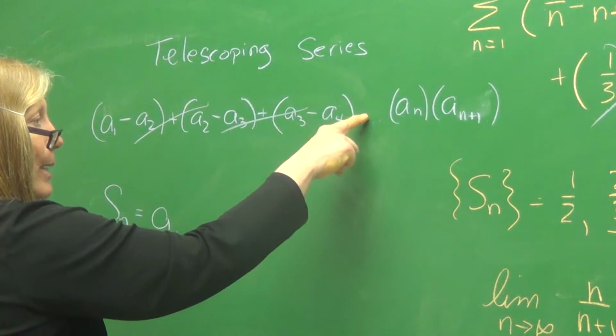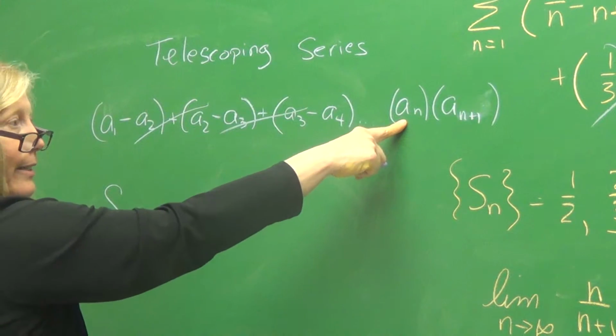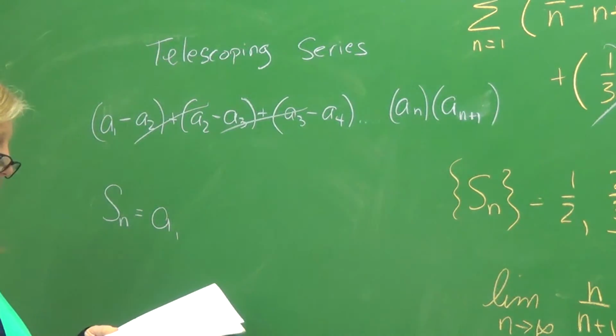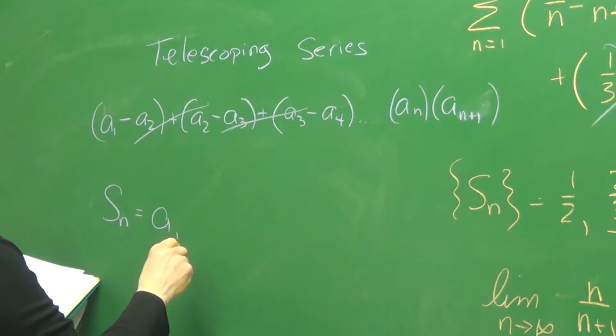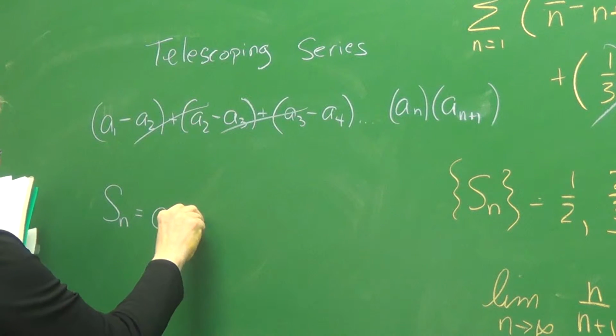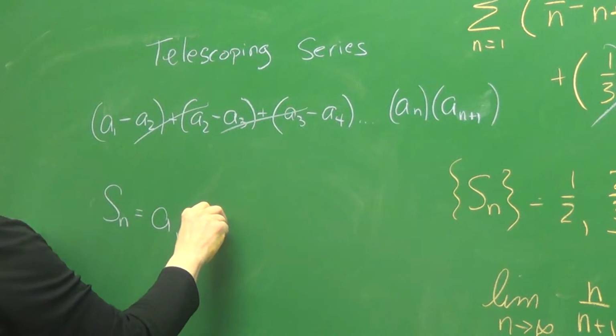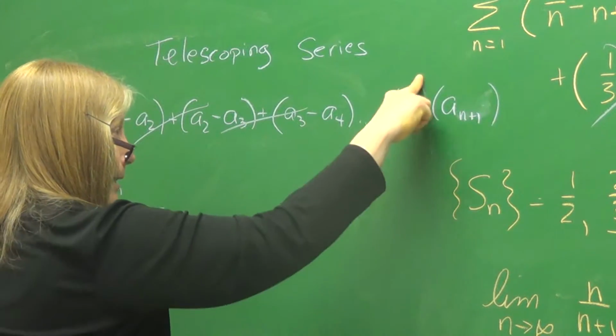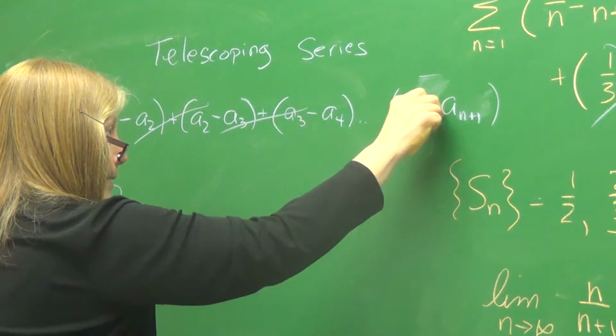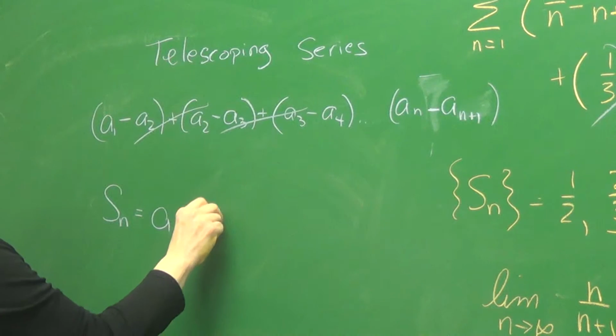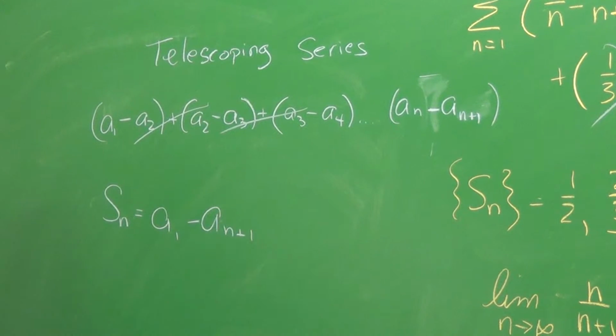There would be a minus a sub n in front of this that would cross that out, but the a sub n plus 1 would remain, and it would have a minus sign in it like that. So I guess this should be a minus sign, I'm sorry. There, so minus a sub n plus 1. Do you see why the first term and the last term remain in this telescoping experience? All right, I hope so.